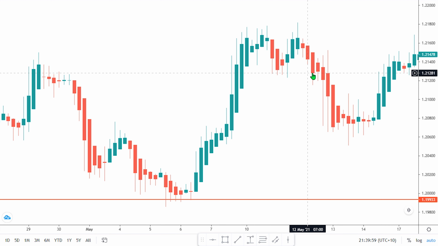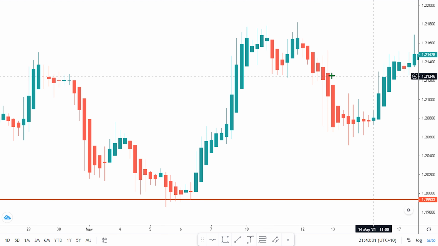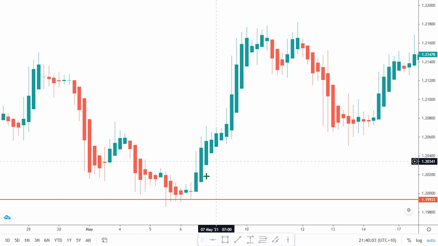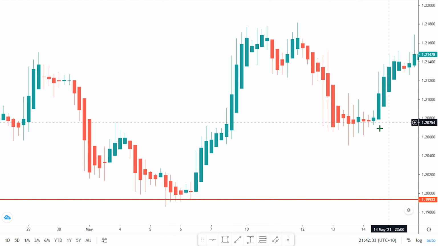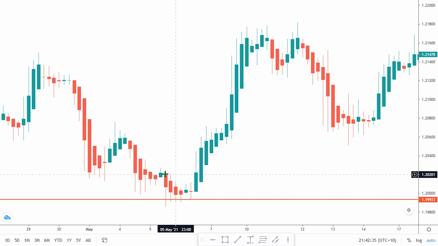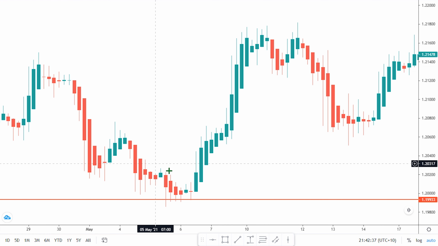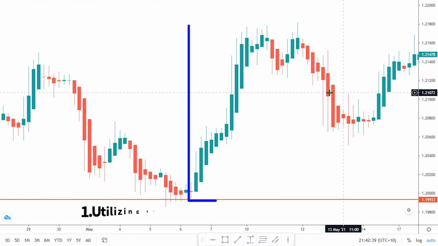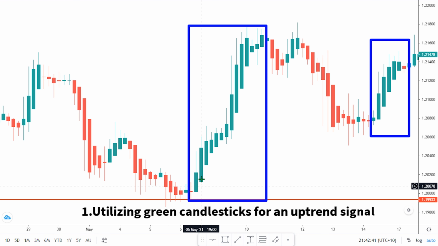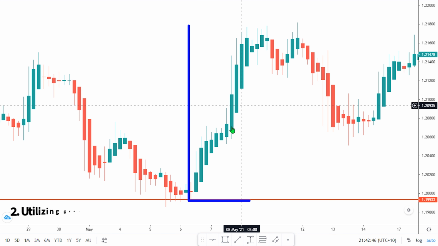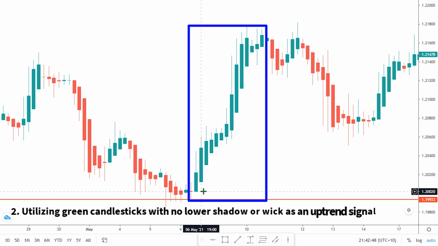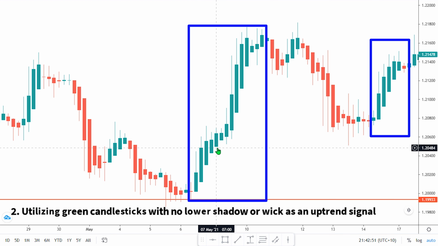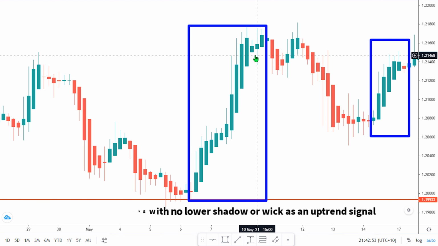As a trader, how can you implement the Heiken Ashi strategy to trade the Forex market? There are 5 basic ways to use the Heiken Ashi charts as a trader, and they are: Number 1. Utilizing green candlesticks for an uptrend signal. Number 2. Utilizing green candlesticks with no lower shadow or wick as an uptrend signal.